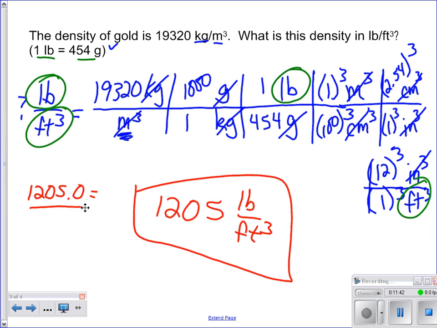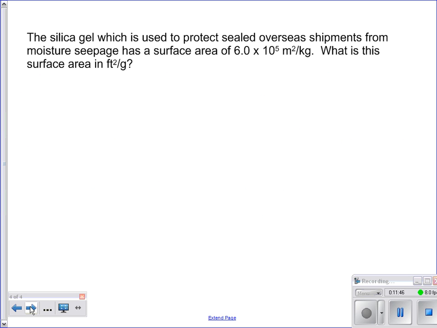That is it. We have one more problem, and for this, I'm going to set it up. Here it says we've got this gel, which is used to protect these shipments from moisture seepage, and it gives us a surface area. That's not volume, that's area. So the only difference is instead of cubing, it's squared. And what we want to do is figure out what that surface area is in square feet over grams.